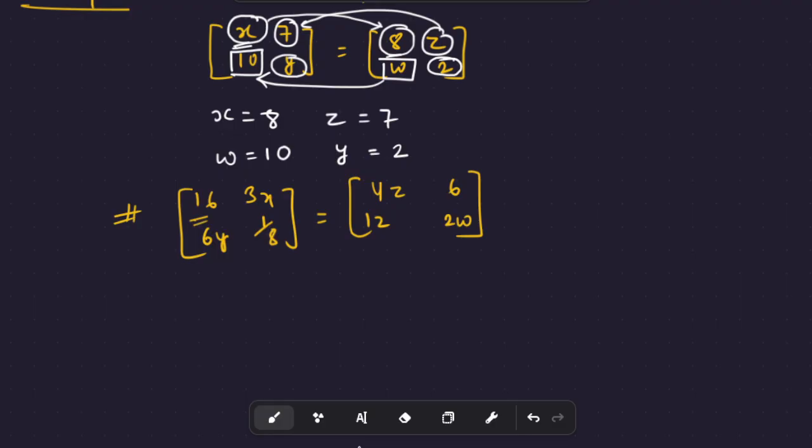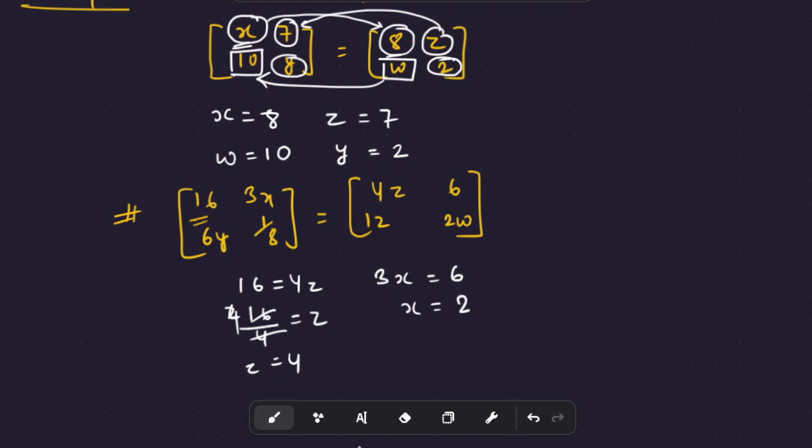How much will be equal to 16? 4z. Yes. Then the value of z will be 16 over 4, so z equals 4. Next, what will be equal to 3x? 3x equals 6, what will be the value of x then?